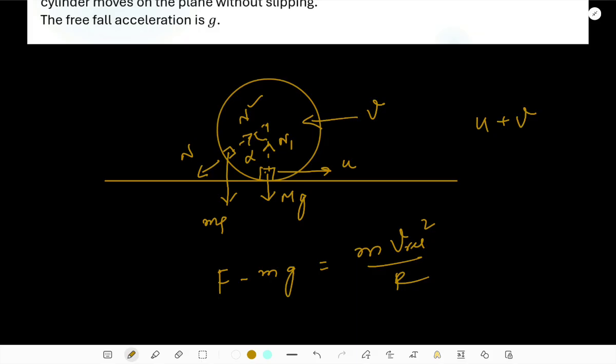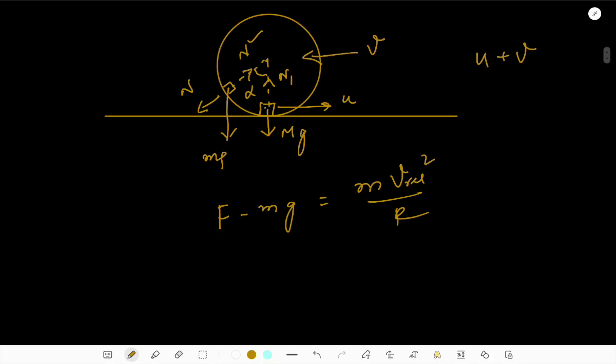So we are interested in the changes in the horizontal component of its velocity. So I would like to find the reasons behind changes in the horizontal component of its velocity. So we will need to write its equation of motion along the horizontal direction.